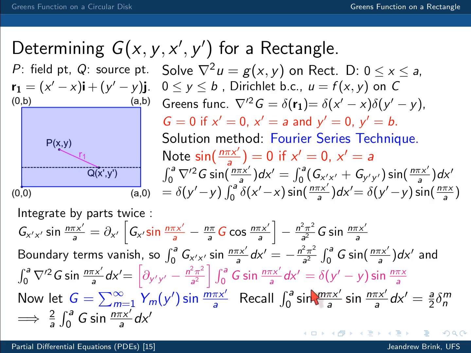Okay, and that's expressed in that this integral is non-vanishing only if n equals m. Okay, and if n equals m, you're basically taking the integral of sine squared n pi x over a, and that's always equal to a over 2.